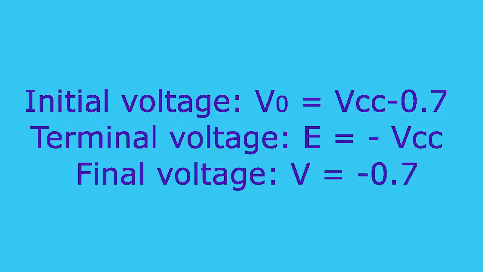It does this through R2, and using the charge equation of the capacitor we have the next formula, where the initial voltage V0 equals VCC minus 0.7 volts, the terminal voltage E equals negative VCC, and the final voltage equals negative 0.7 volts.